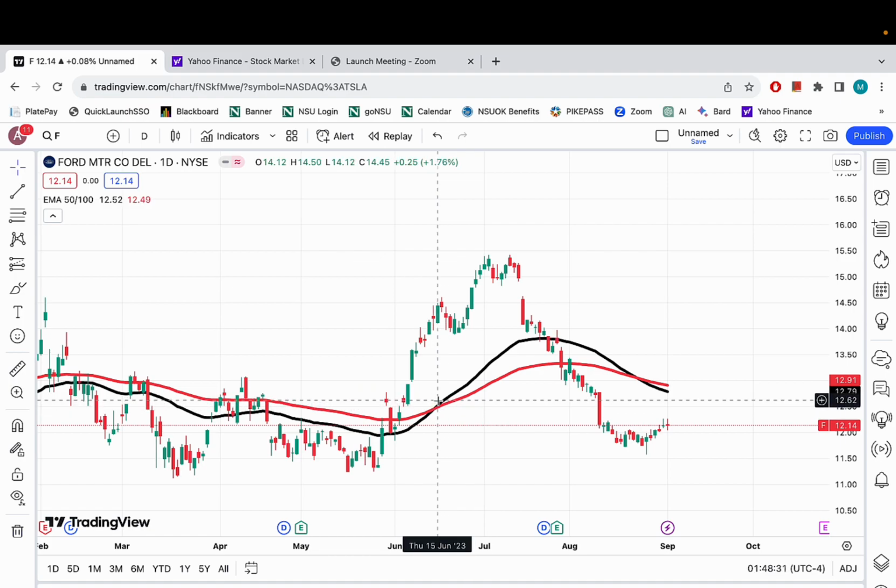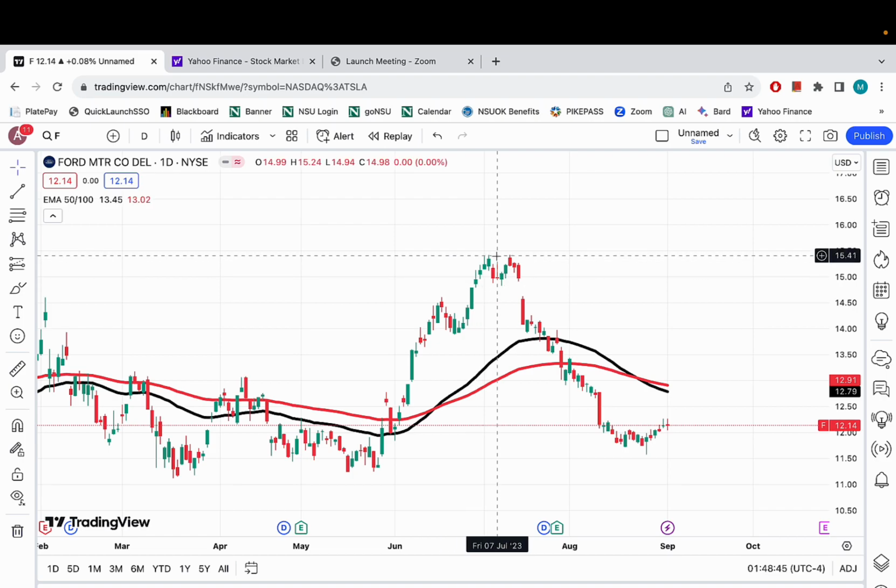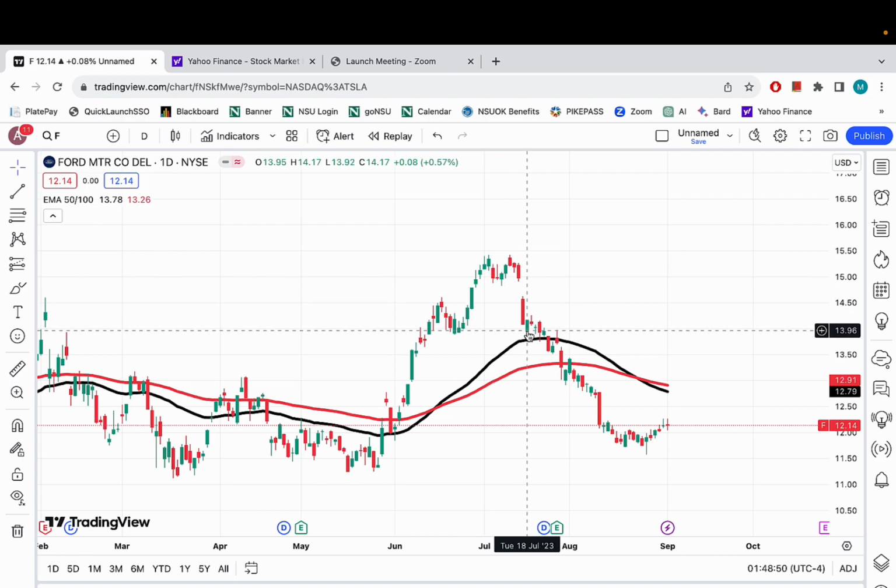And actually, if someone buys at this position, you can see at this point the price of the stock was 12.47, and then it rises to 15.41, which means they might have made a lot of profit.